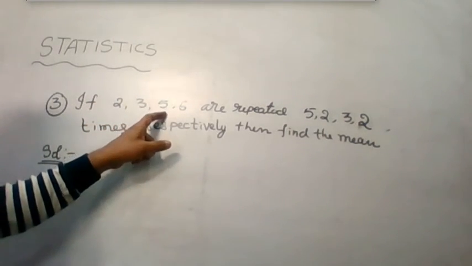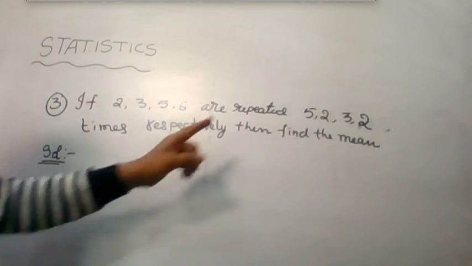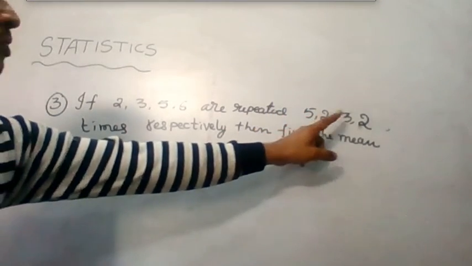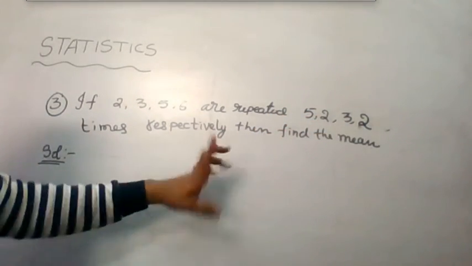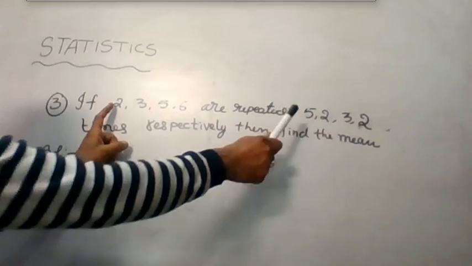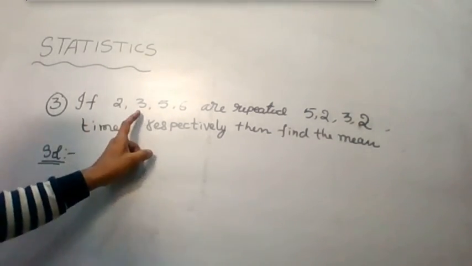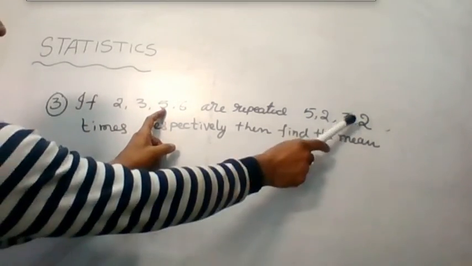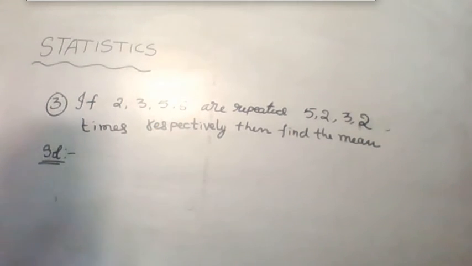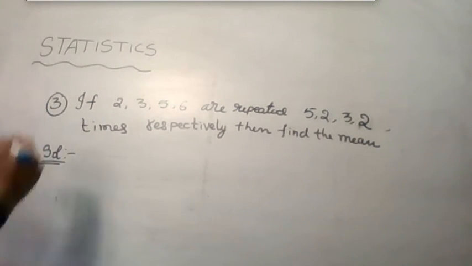Right, children, one more question. If 2, 3, 5, 6 are repeated 5, 2, 3, 2 times respectively, means 2 is repeated 5 times, 3 is repeated 2 times, 5 is repeated 3 times, 6 is repeated 2 times, then find the mean.